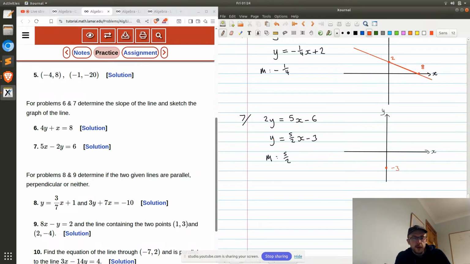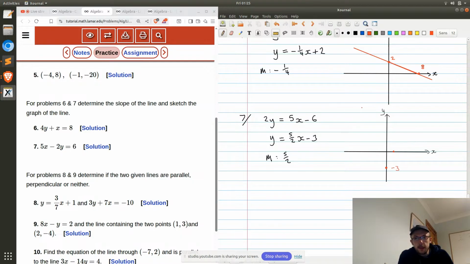And I set y equal to 0, move the -3 over, so I get 3 equals 5/2 x. And then I multiply both sides by 2/5. And 3 times 2/5 is 6/5. So it passes through 1 and 1/5, which is about there.